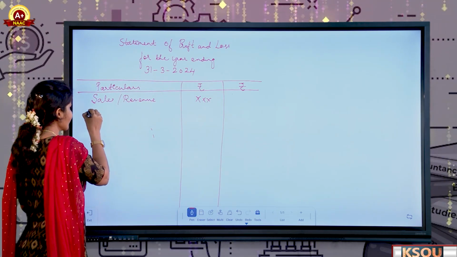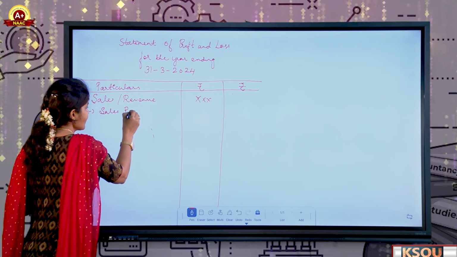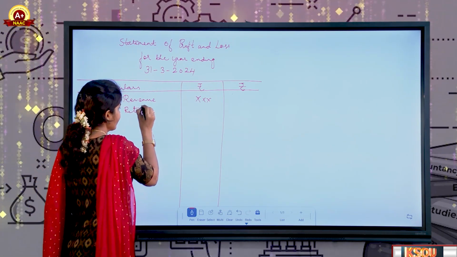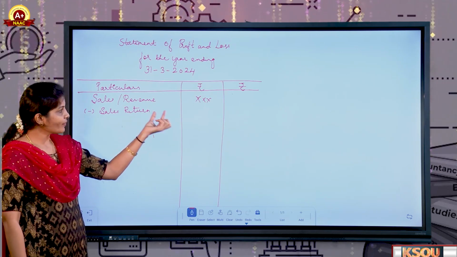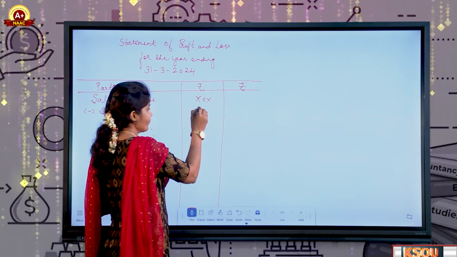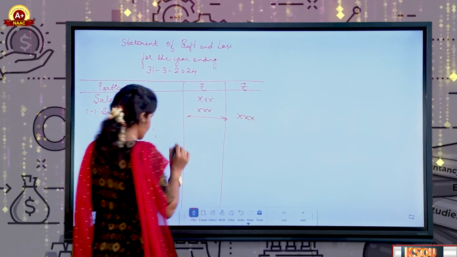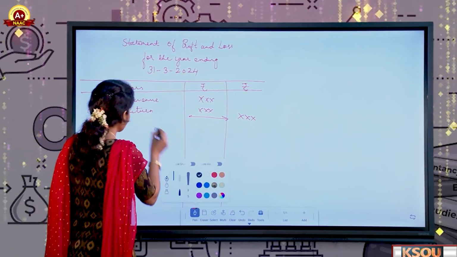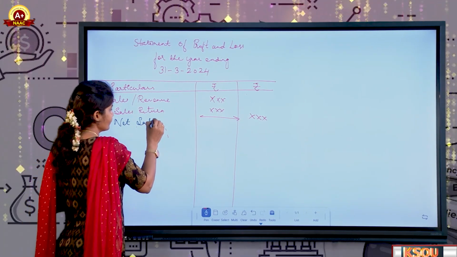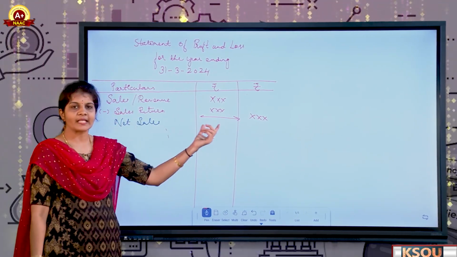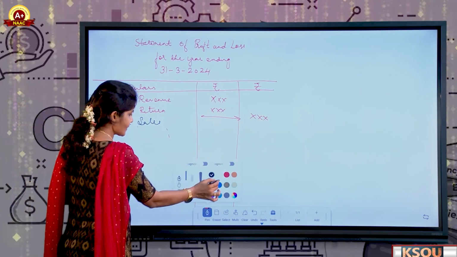From this sales we deduct any sales return, and after deducting the sales return, whatever balance we get is called net sales. The balance is called what? Net sales.